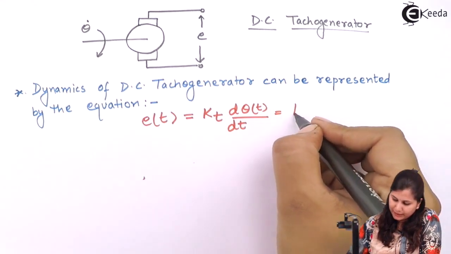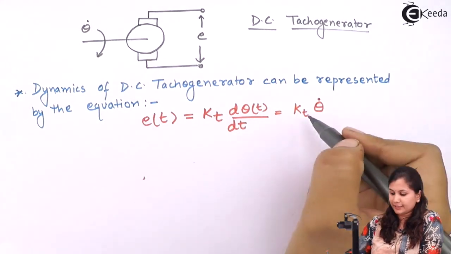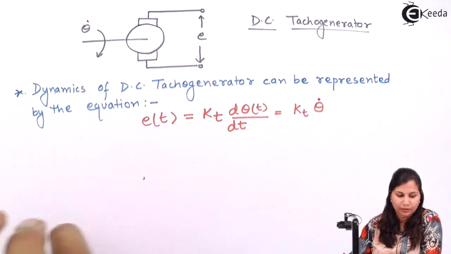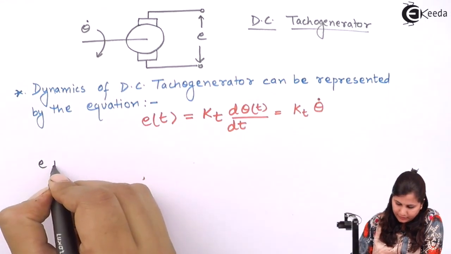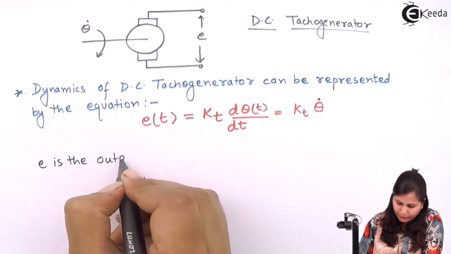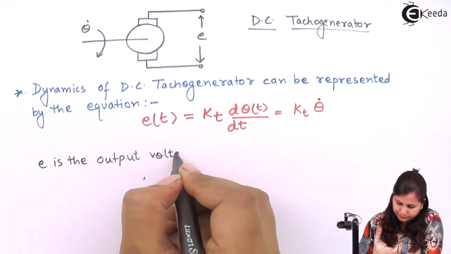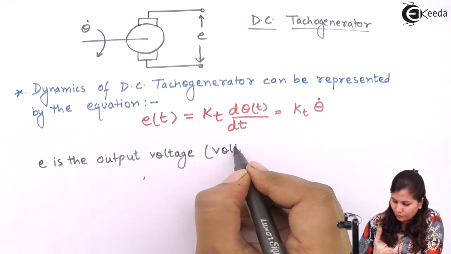If we represent it in dot form, it will be theta dot, the differentiation of theta. Here E is the output voltage, and this output voltage will be in volts.